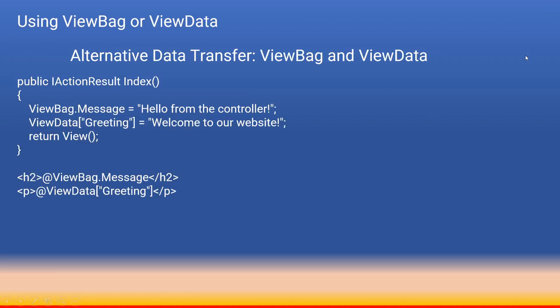In addition to passing a model to a view, you can also use ViewBag and ViewData to pass data from the controller to the view. ViewBag and ViewData are dynamic properties that allow you to store and retrieve data. ViewBag is a dynamic property that allows you to create properties on the fly.